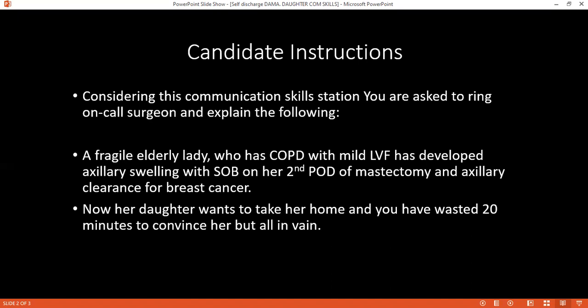I have discussed the complications, the plan of action, and the possible risks and signs. And if she decides to leave, I will make her write a legal consent against medical advice. What else would you arrange to help the patient out?